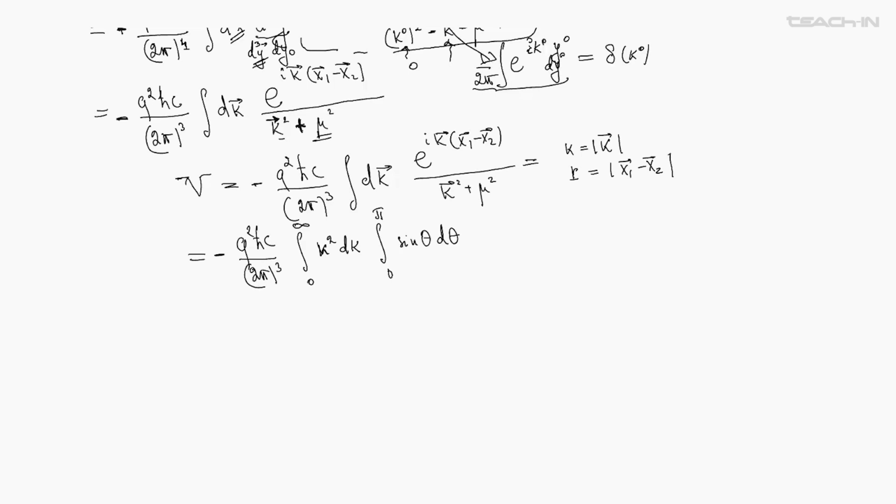So k squared sine theta dk d theta d phi is the standard measure d3k in the spherical coordinate system.